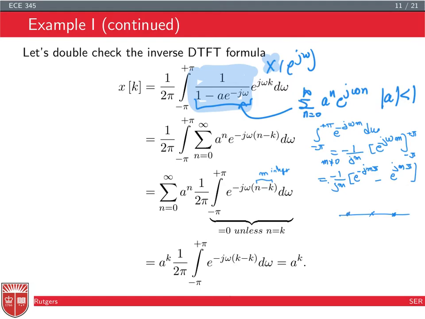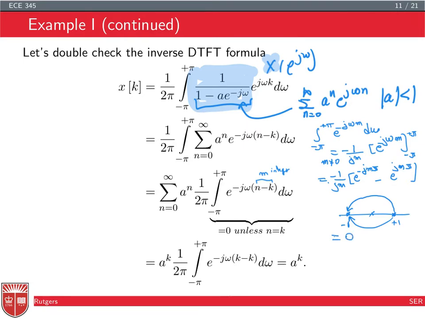So this would be either +1 or −1. If m is equal to 1, this would be e^{−jπ}, and e^{jmπ} would be this point here. So it's basically the same point. These two things, e^{−jmπ} and e^{jmπ}, are the same point, so the integral is equal to 0.